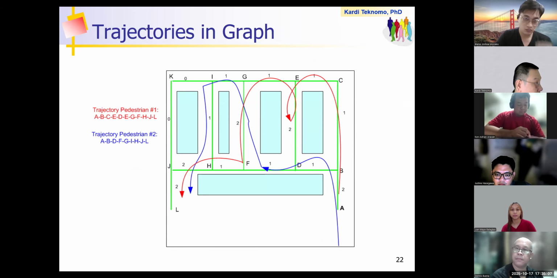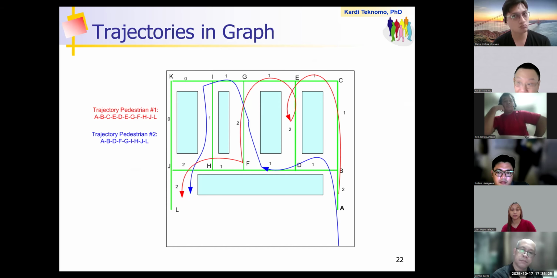A long time ago, in 2013 or 2014, I had this project with UST, the same but for cars, not for pedestrians. We connected to the GPS of taxis and tracked their GPS, and then we could get the trajectories of the taxis.